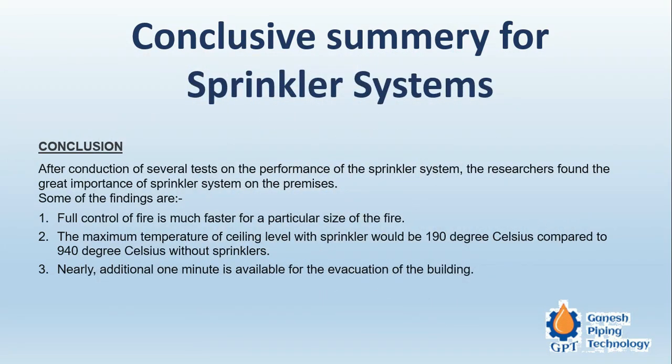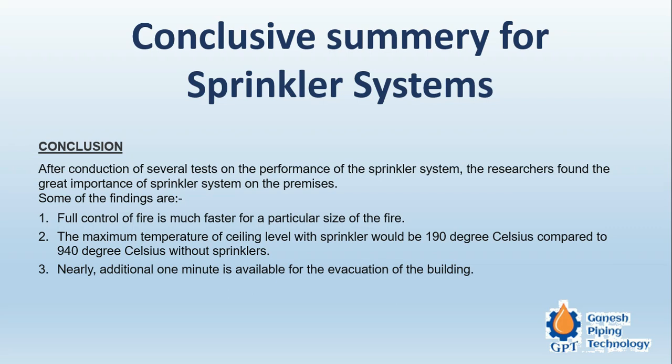Then there is a foam deluge and several other types of sprinkler systems. So to summarize, we will see a conclusive summary of this sprinkler system. After conducting several tests on the performance of the system, the researchers have discovered some important findings about sprinkler systems on the premises.